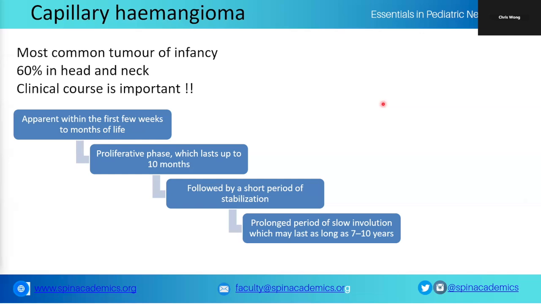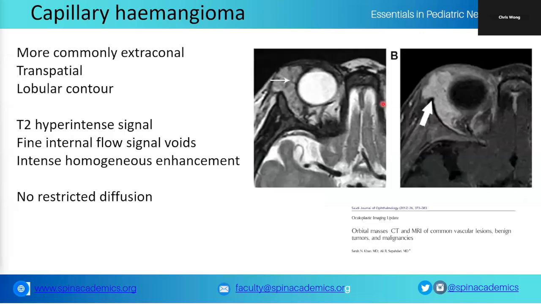Concerning the imaging findings, it commonly presents as an extraconal mass. It can also present as a transspatial mass, as you can see in this image, extending to the preseptal region of the orbit here. And it shows a very lobular contour. It is, again, T2 hyperintense lesion.